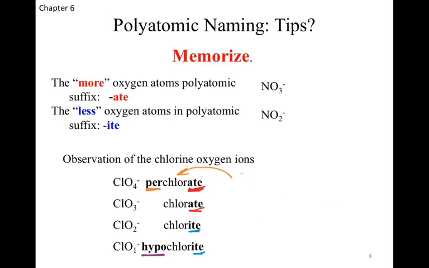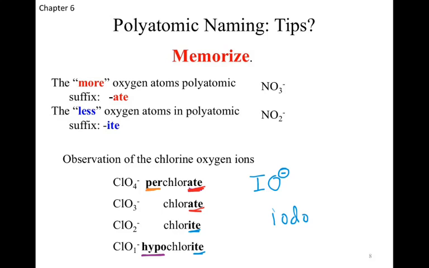Another one, just to make it fun, let's take a look at IO minus. What's happening with this one? How would you name this? Well, your I gives you your iodo. Okay.